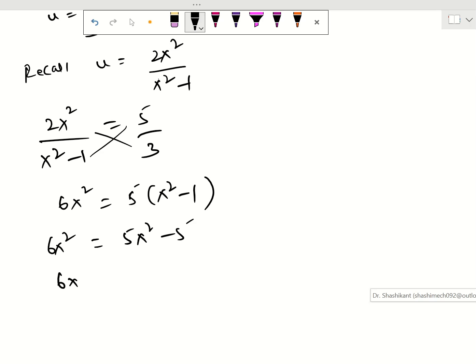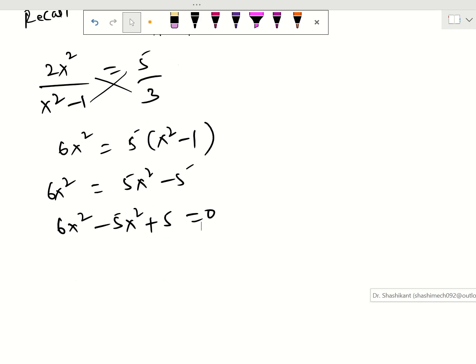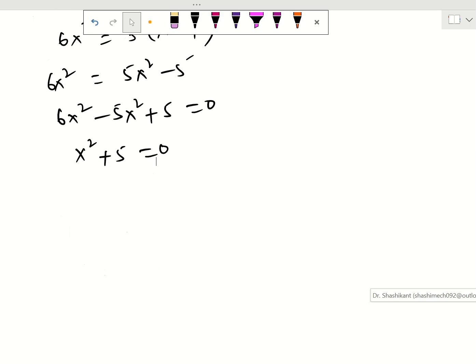If we take this term to the LHS, it will be 6x² − 5x² + 5 = 0, right? So 6x² − 5x² is x², so x² + 5 = 0. If we solve this further, we have x² = −5. Taking the square root on both sides, the square root cancels the square, so x = ±√(−5).